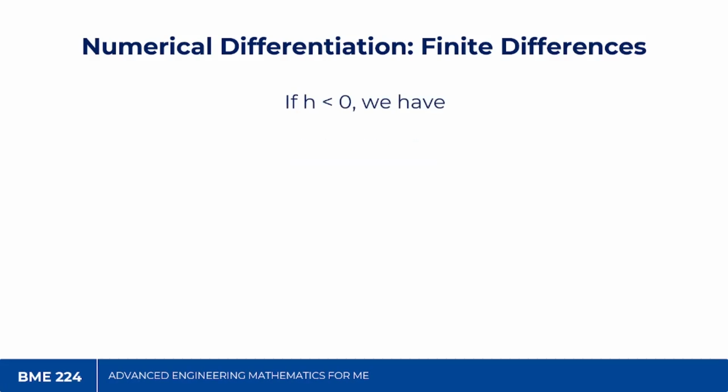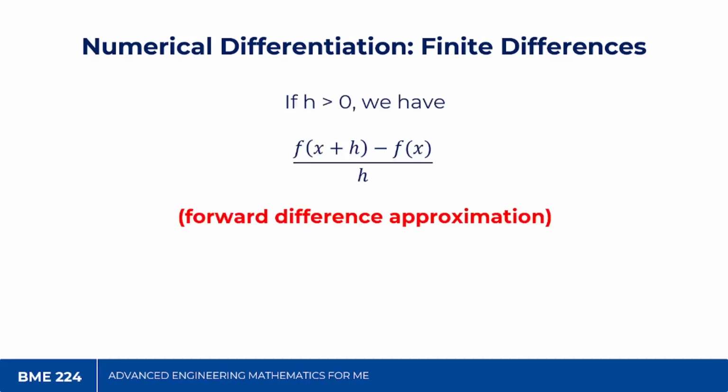So what only changed, guys? The positioning and the sign here. So when h is positive, that is forward. When h is negative, that is backward. That's all. This is the backward difference approximation.